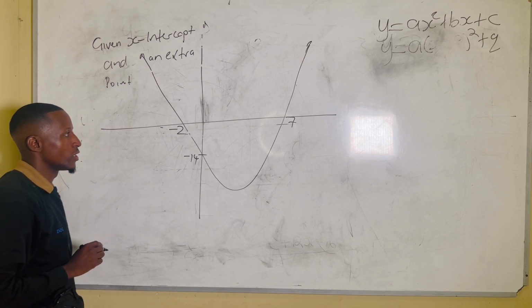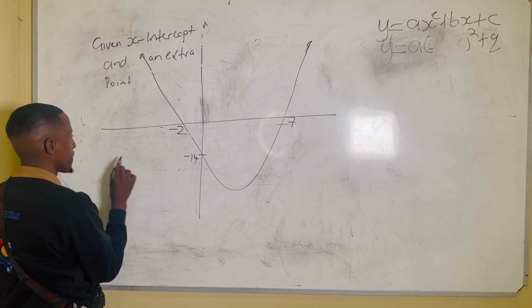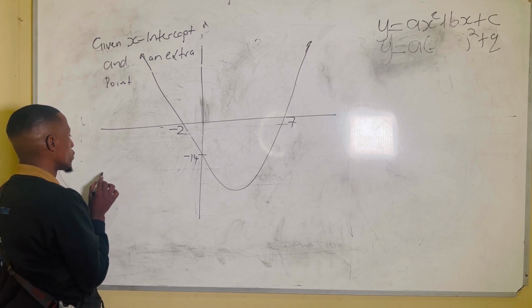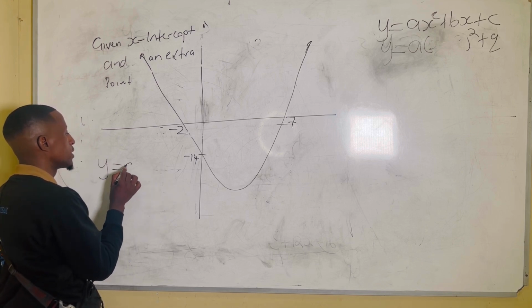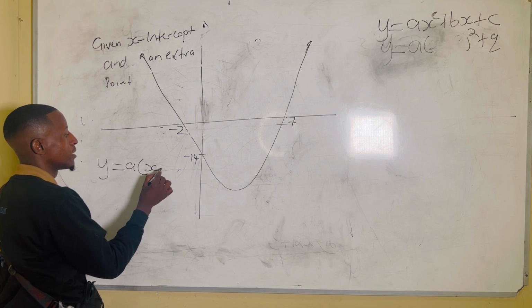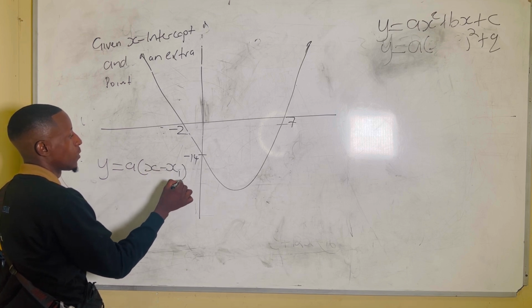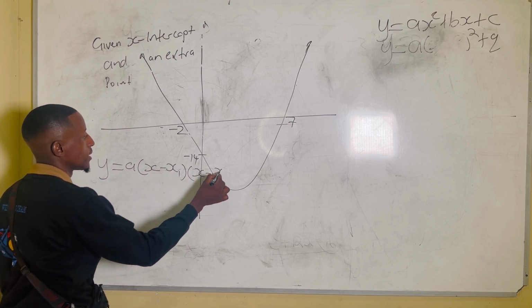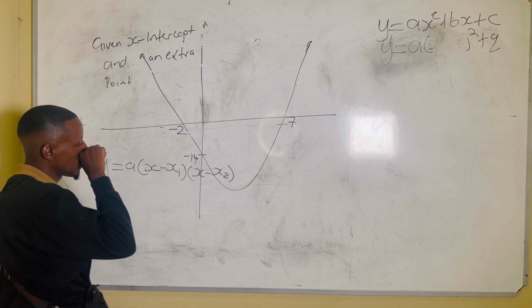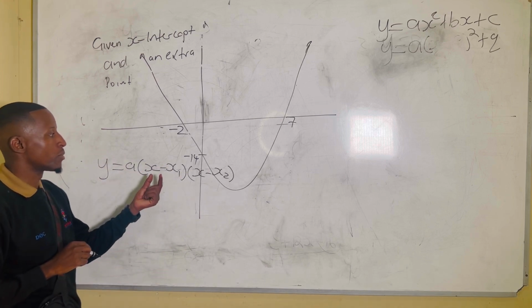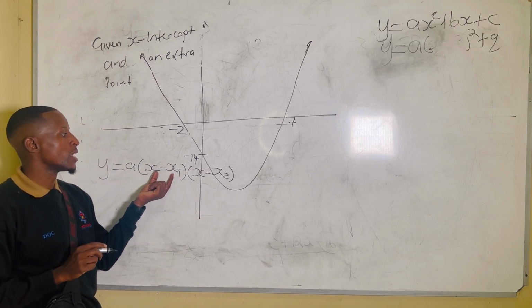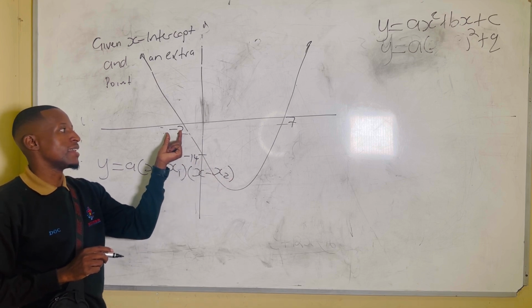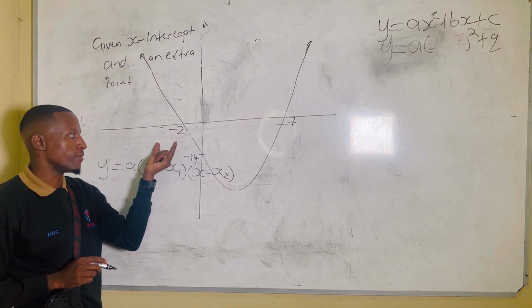So let's have a look at how you're going to go about it. Remember, at first I introduced this equation, y = a(x - x1)(x - x2). This equation is the most appropriate to use. Why? Because it will be able to accommodate the x-intercepts that are given to you.